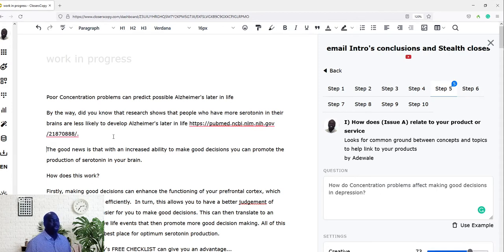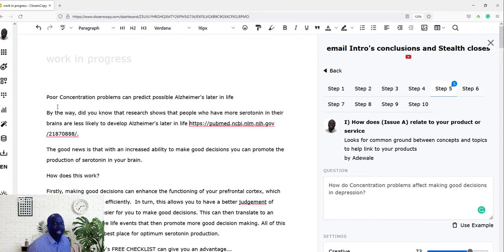So what I would suggest, in order to get more fact checked ideas out of Closer'sCopy, is to make sure you fact check the examples that you feed the AI. So yes, I did check this, and there is a lot of truth to this. So this is the idea I ended up with.